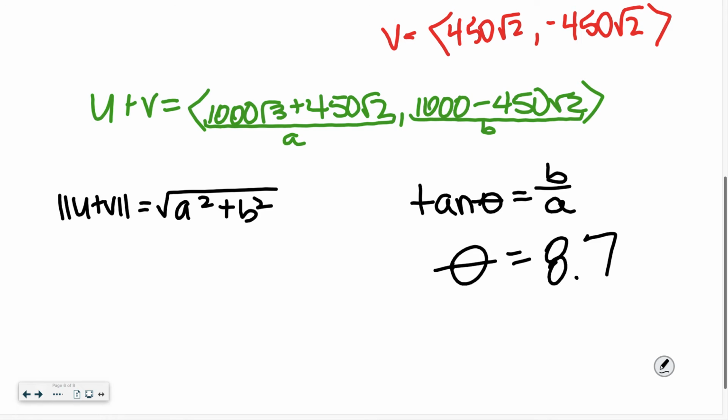What was the second decimal after this? This should be your angle, 8.73 degrees. Is that what you are getting?